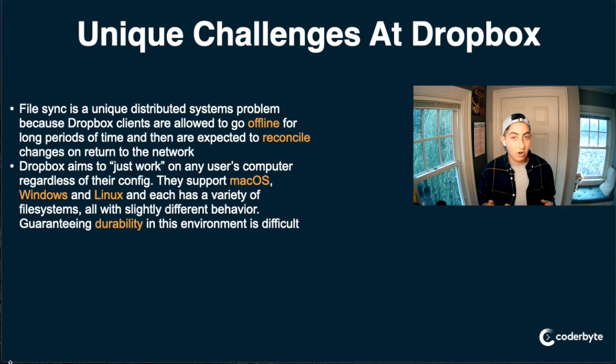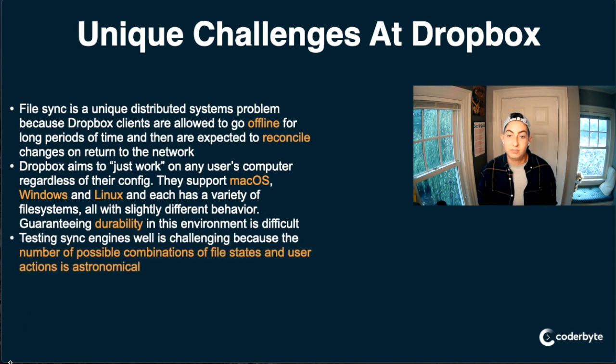The file systems are all totally different or slightly different on all of those machines with a lot of hairy things. Everyone has kind of been the person who's like, well, it worked on my machine. This is compounded. It's supposed to work on any machine. So this is an interesting, unique challenge at Dropbox.